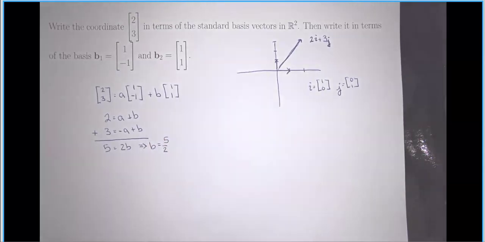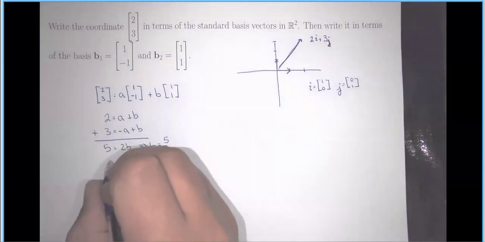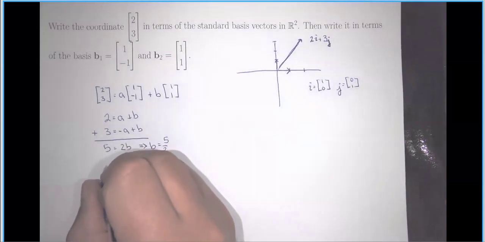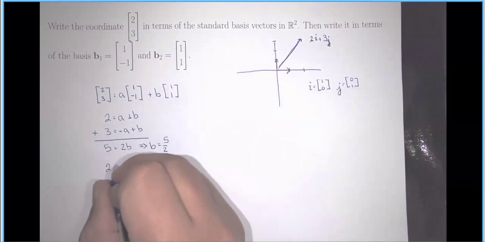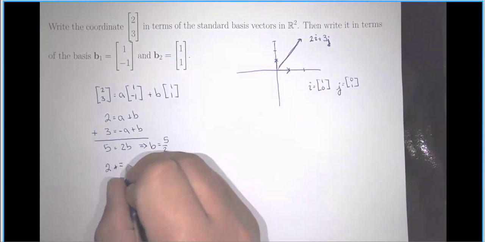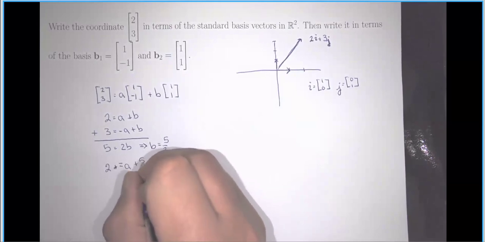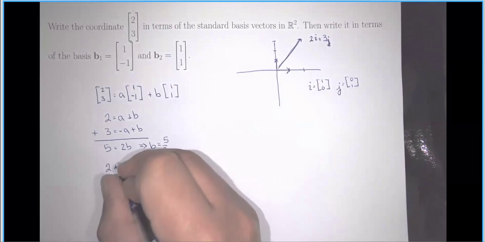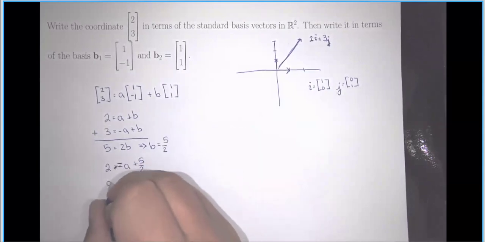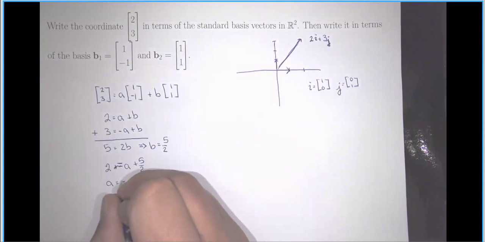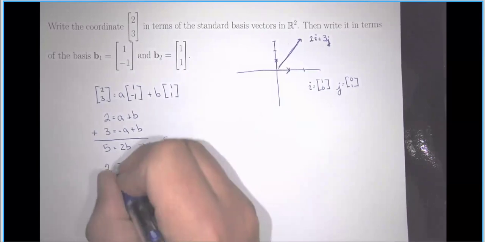Then 2 is equal to A plus 5 halves. 5 halves is 2.5, so I have to subtract a half to get to 2, which means that A is equal to negative 1/2.